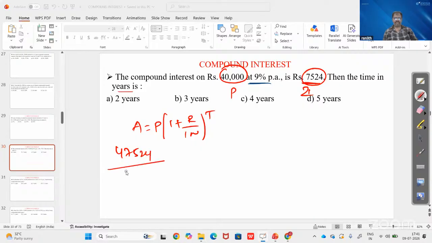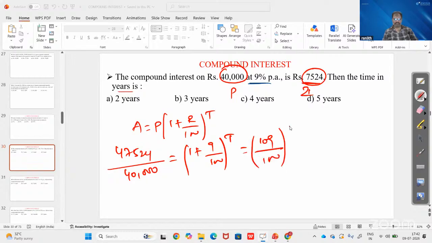P also I am writing here, 40,000, into 1 plus R value equal to 9 by 100 whole to the power of T. We need to find out T. So it can be written as 109 divided by 100 whole to the power of T.